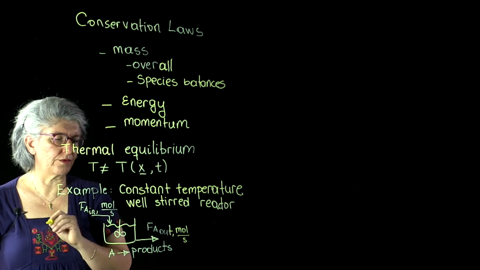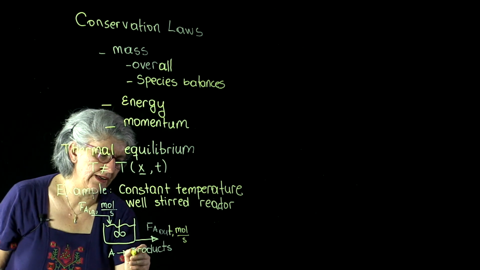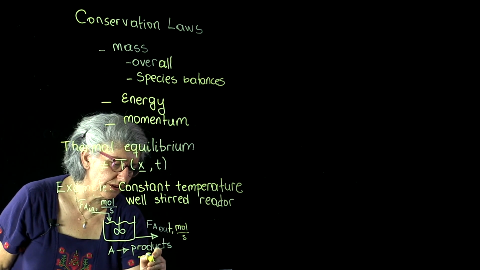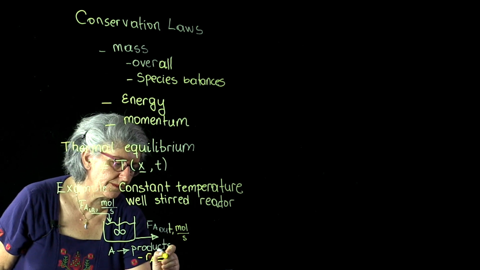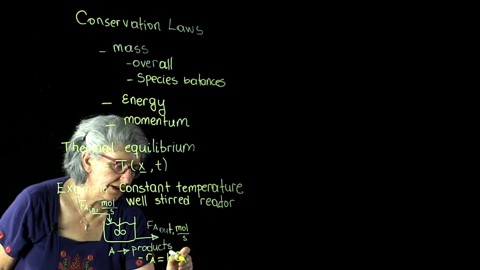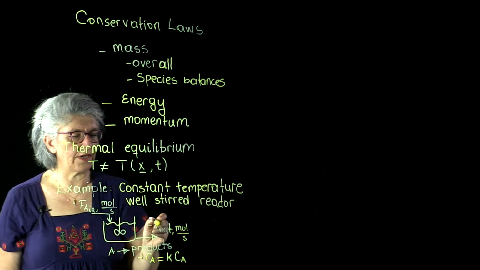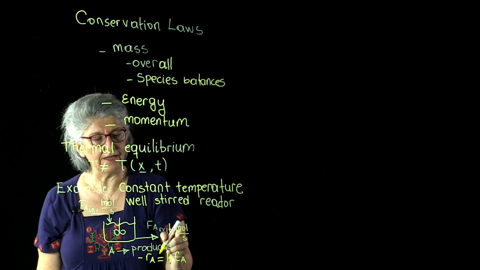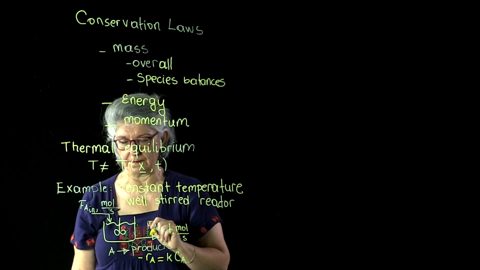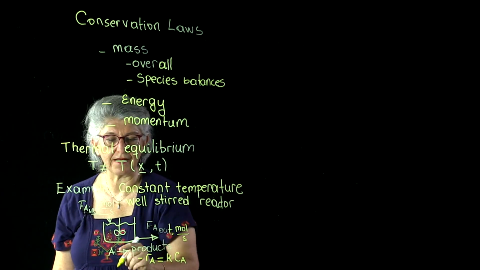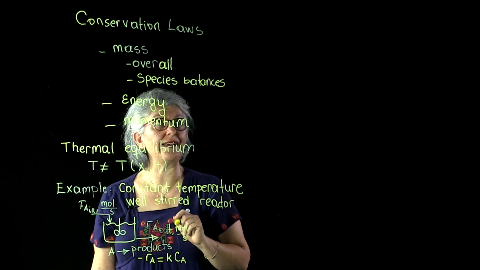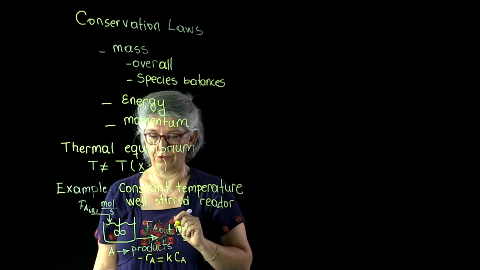This A goes to products reaction has a constitutive rate expression given by minus r sub A equals k times CA. The power of the concentration is unity, indicating that the reaction is first order. And this minus sign in front of rA indicates that A is depleted during the process.